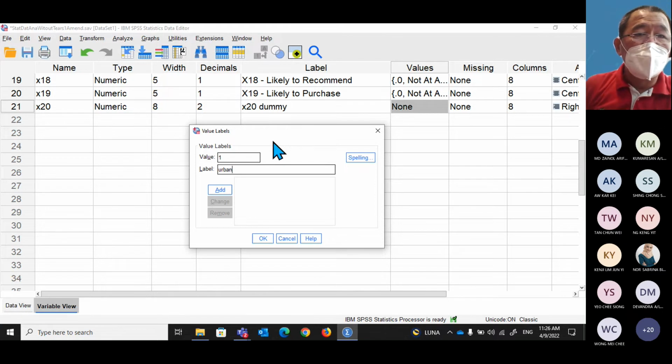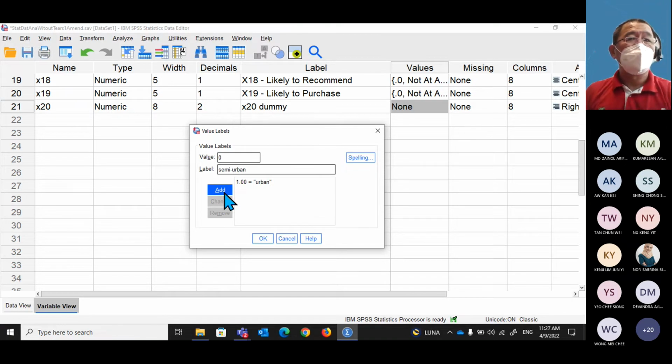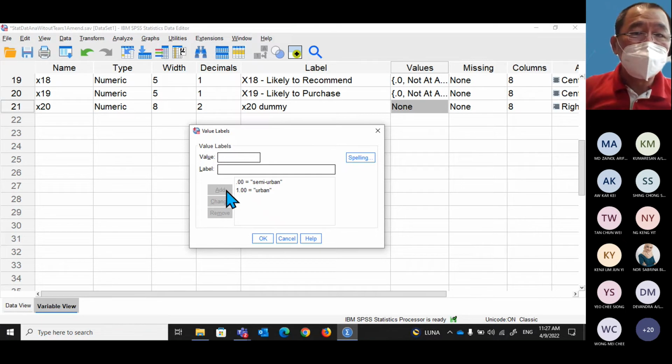For a dummy variable, you cannot use 1, 2. It must be 0, 1. If no question, then just click OK.